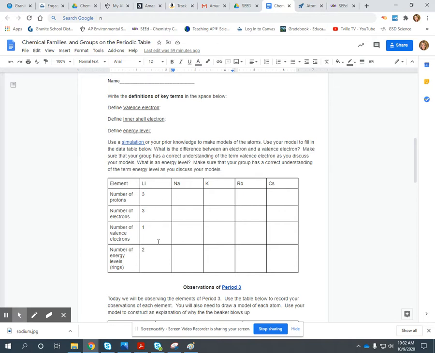Okay, I've done the first one for you as an example, but you will need to fill in this table for sodium, potassium, rubidium, and cesium, making those elements. Okay, so that is our focus for our first lesson, is these alkali metals. How do they react? What do they look like on an atomic level?